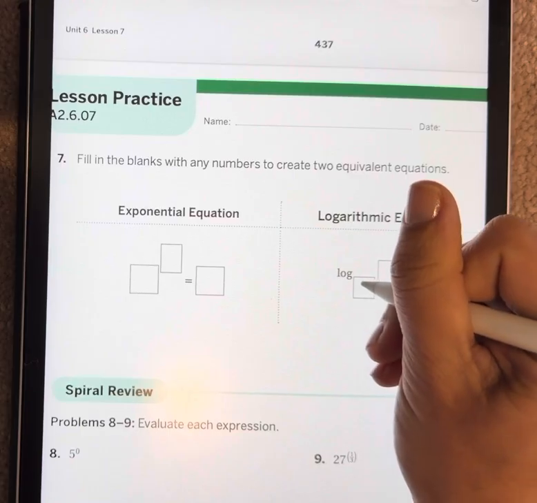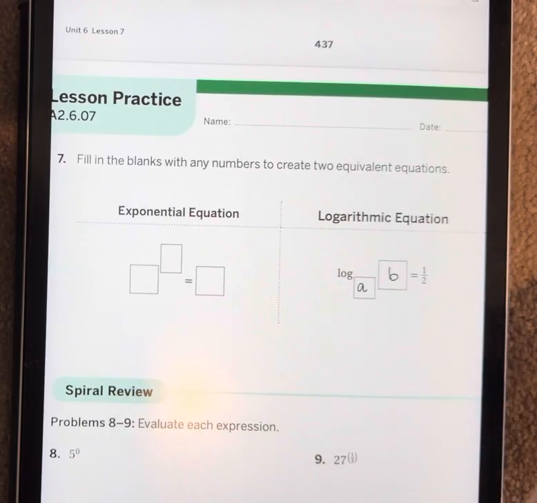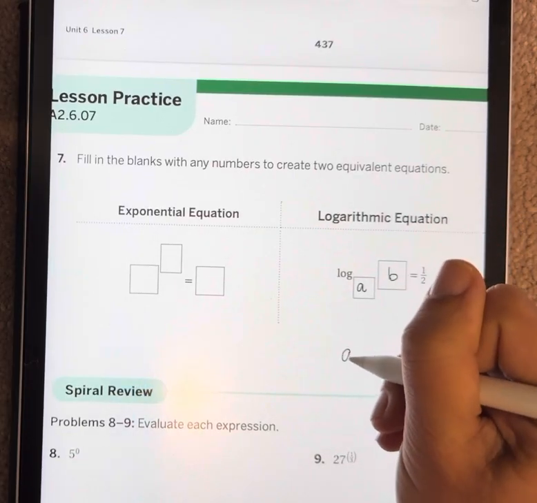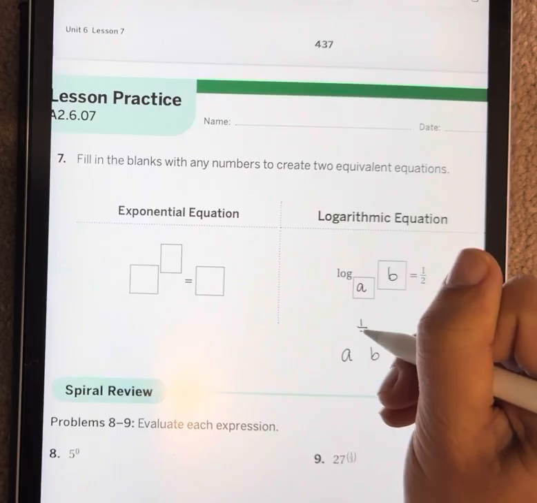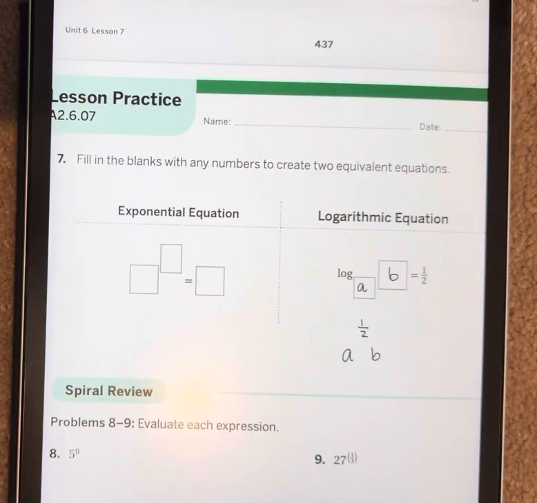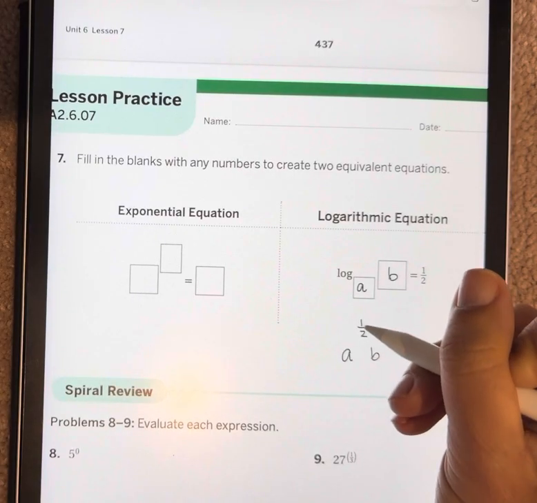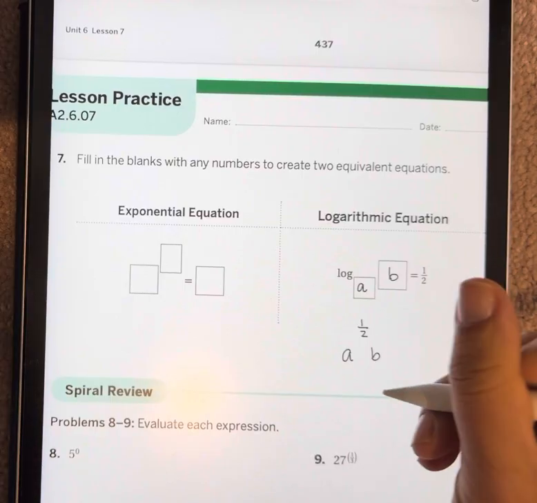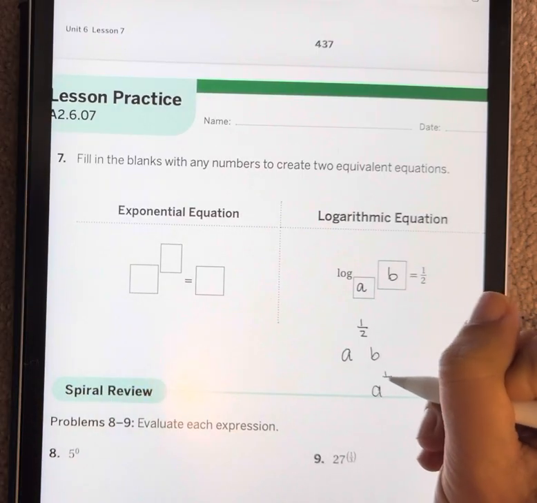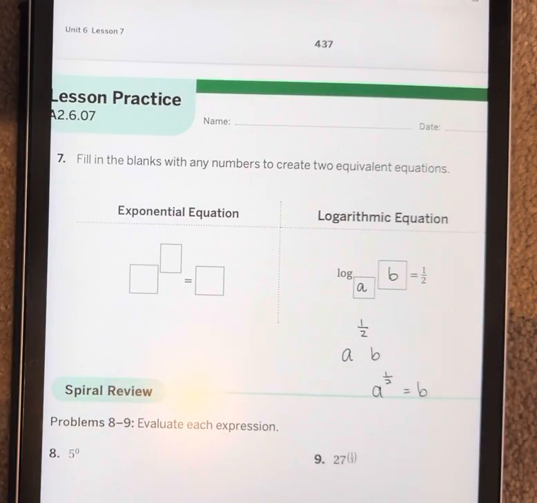Let's just pretend that this is A and this is B. This would be log base A of B equals 1/2, which is saying A to the power of 1/2 equals B. And that means this needs to be 1/2 right here.